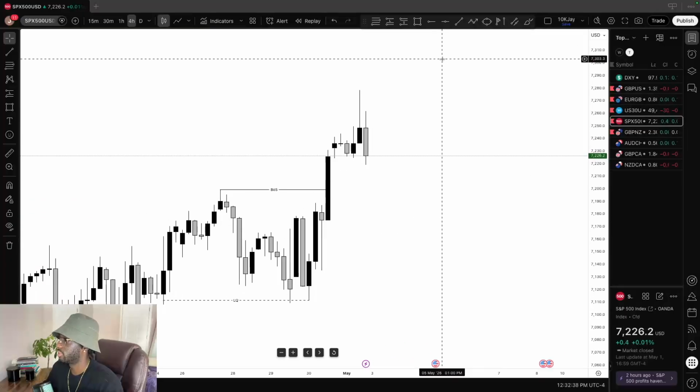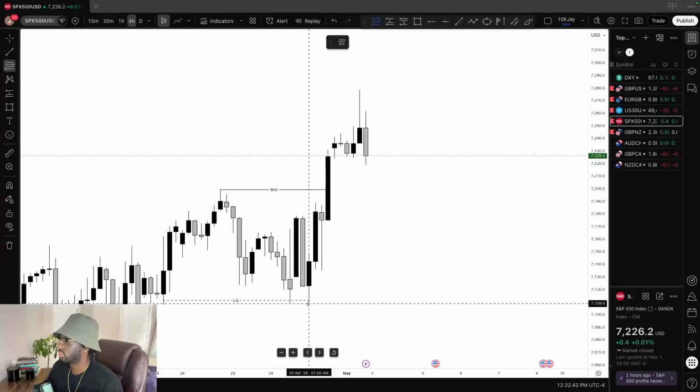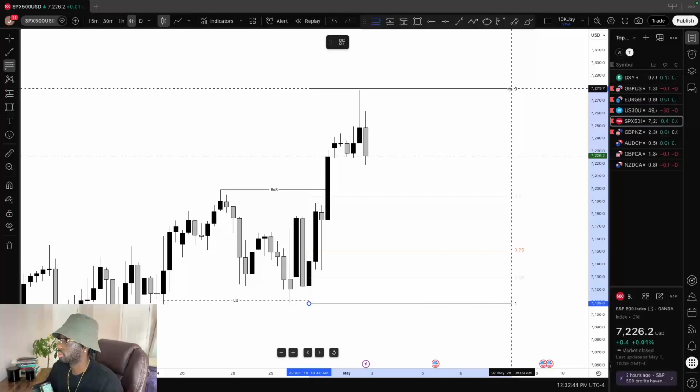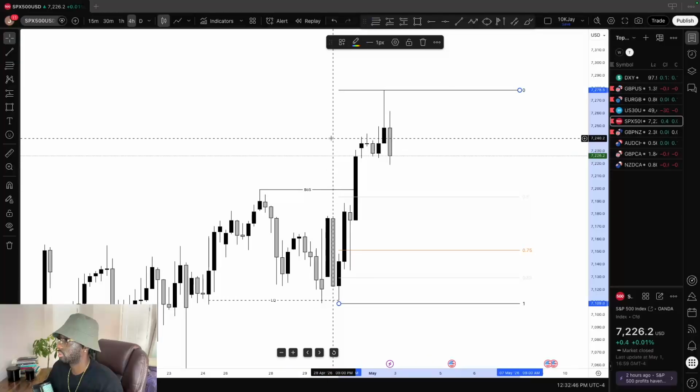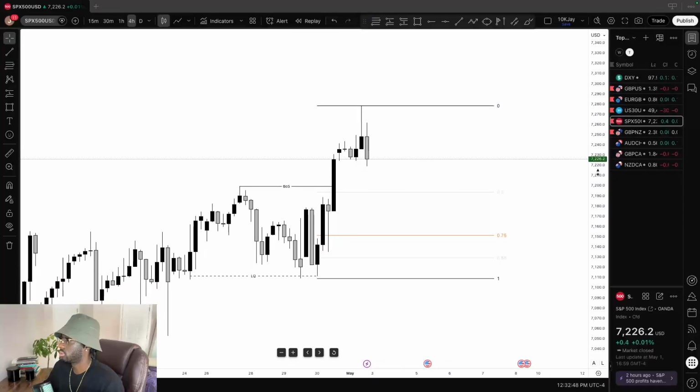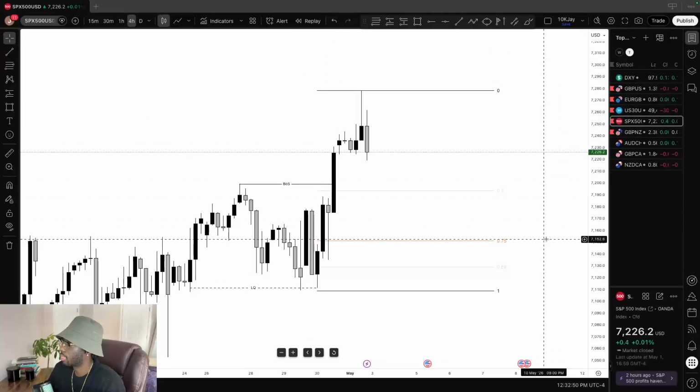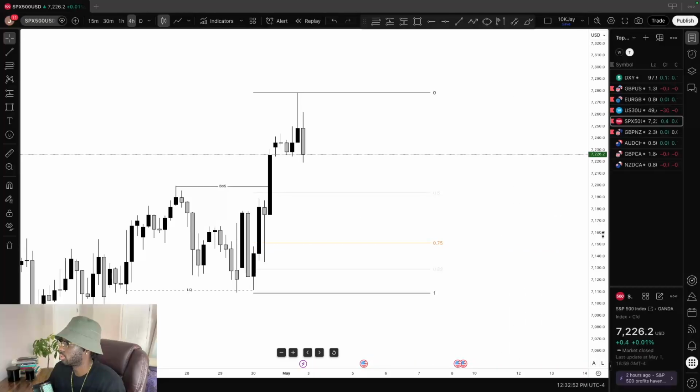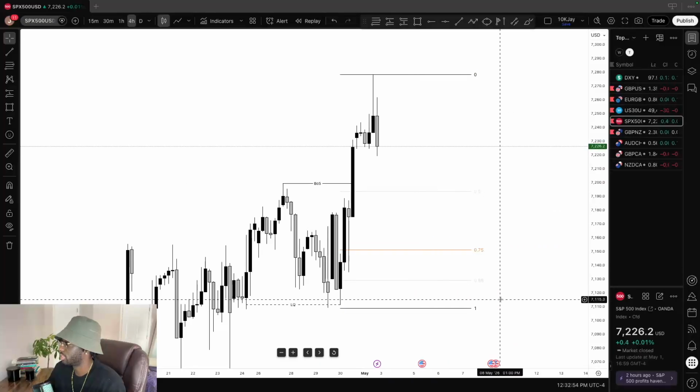We get our fib. Solid setup for the SPX.